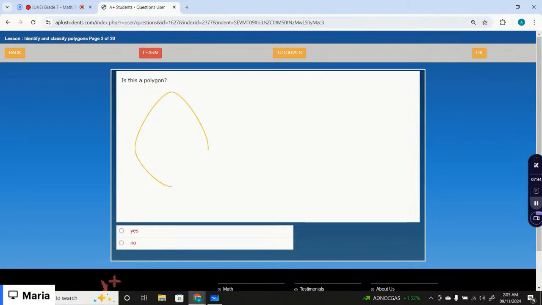Is this a polygon? The correct option is no, this is not a polygon, that is an open shape, right?